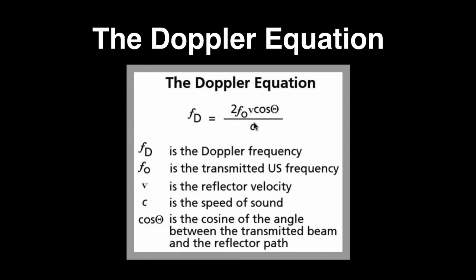So as the operator, you have the ability to manipulate a few of these factors. You can change the transmitted ultrasound frequency. You can change the angle between the transmitted beam and the reflector path.